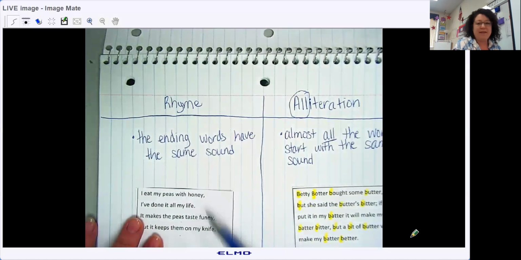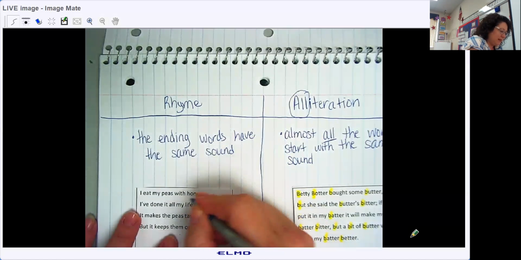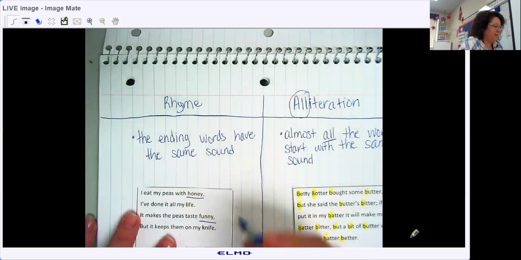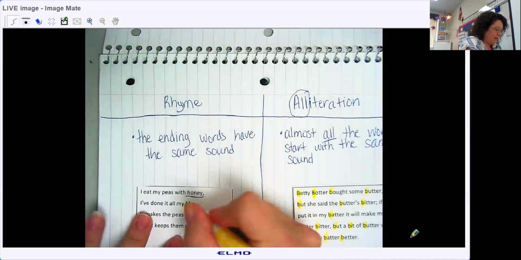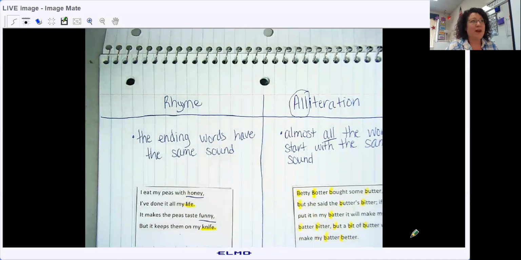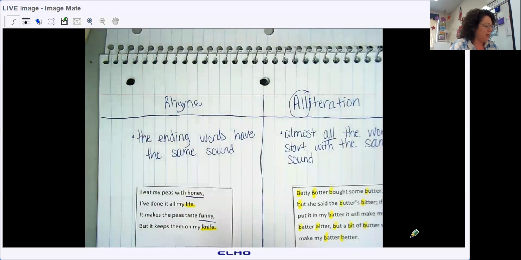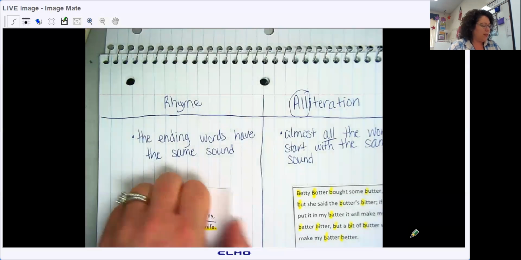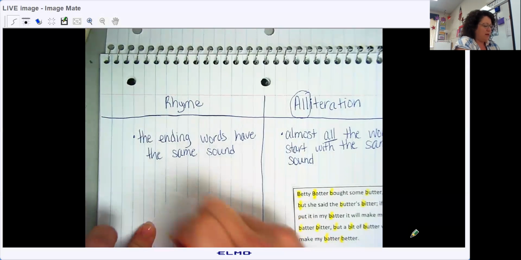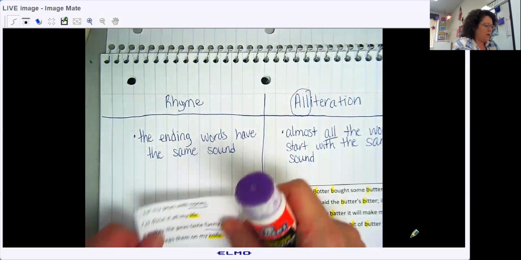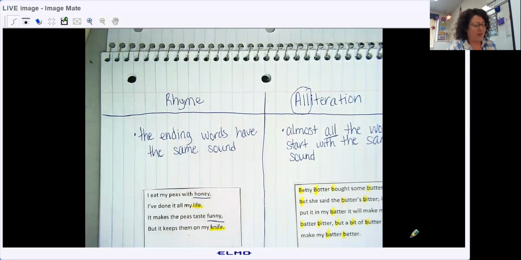Honey, funny, life, knife. Honey and funny, and life and knife. Those rhyme. So it is a rhyming poem. That's interesting. Honey and peas. I don't know if I would try that. It's a good idea. All right, we have one poem left.